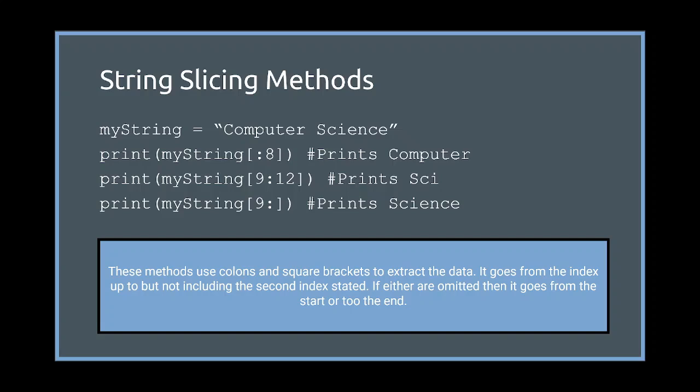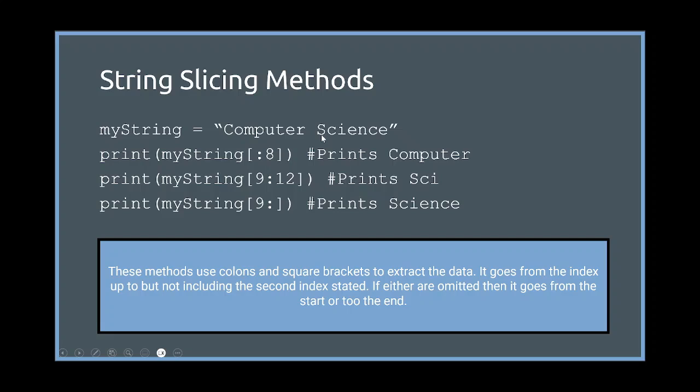The value on the left is the index that you start at. So in the top line, you can see we don't have a value on the left of the colon. So that means start at the beginning. The next one says 9, which is S. So that's the index of 0, 1, 2, 3, 4, 5, 6, 7, 8, and 9.